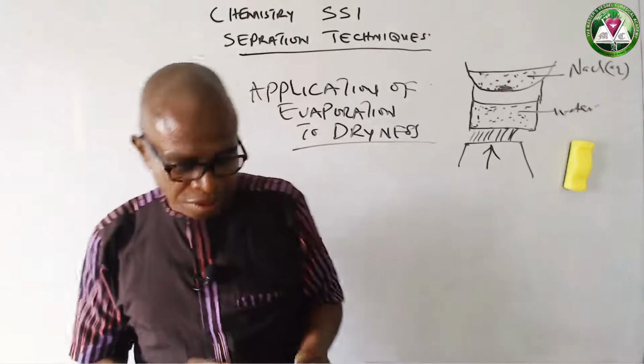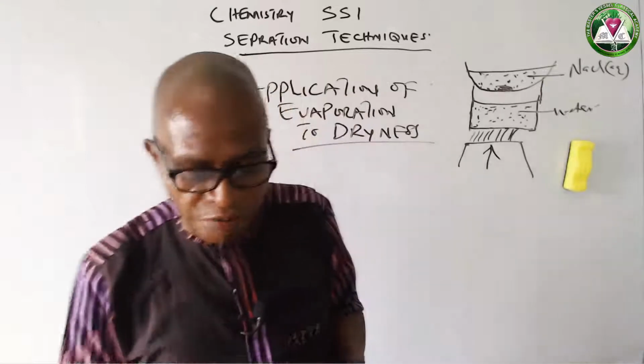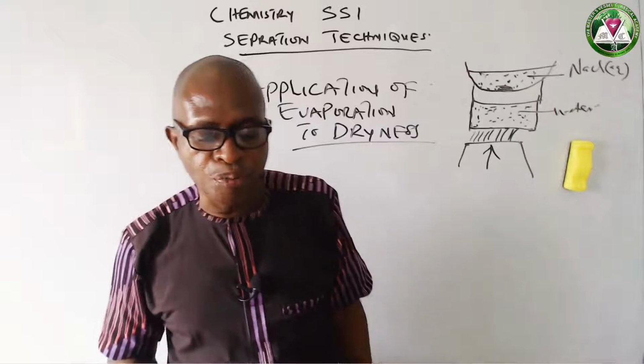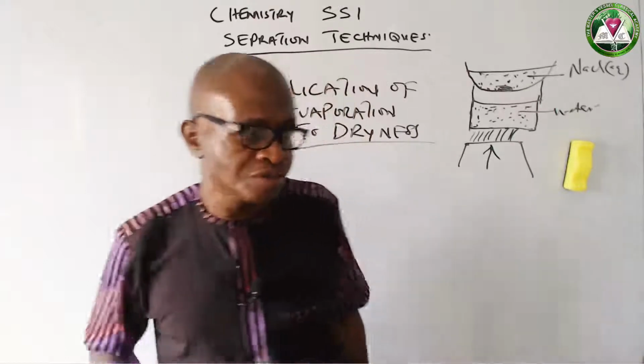One of the applications of evaporation to dryness is in production of salt from sea salt.